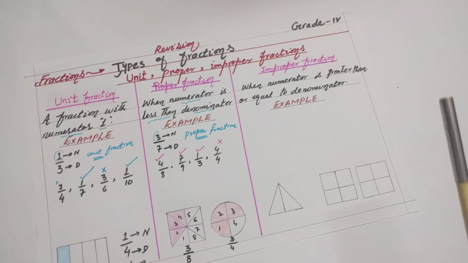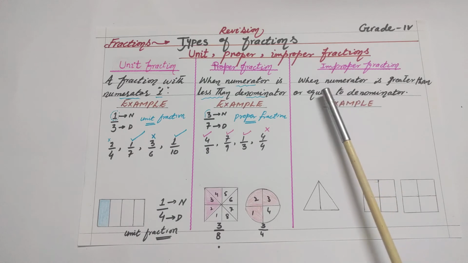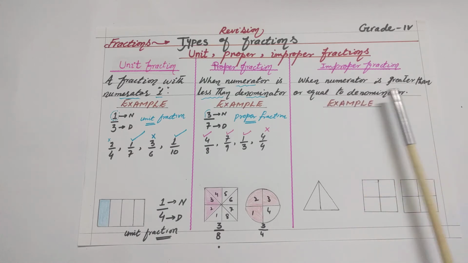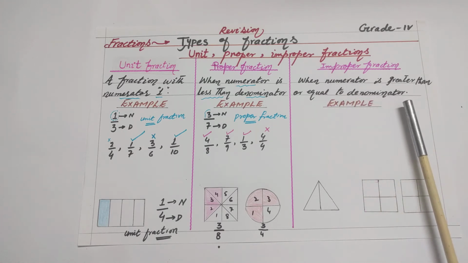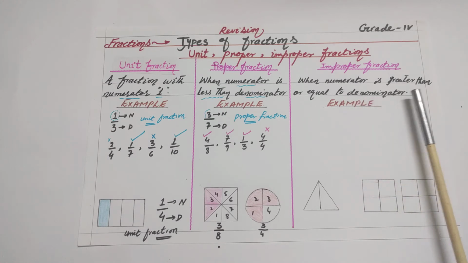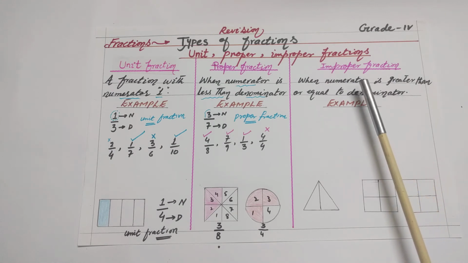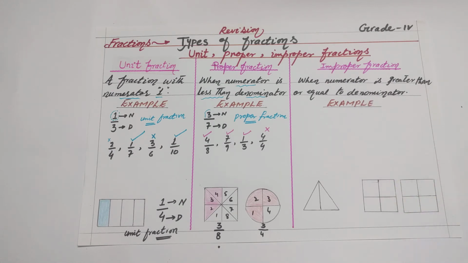Next one is improper fraction. When the numerator is greater than or equal to the denominator, that fraction is called an improper fraction.